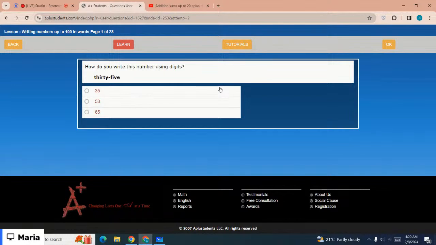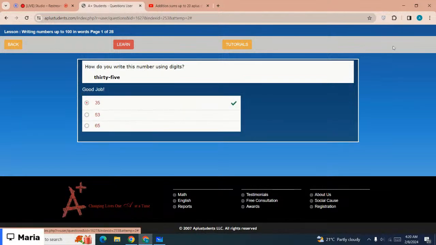How do you write this number using digits? 35, which is the correct option? Yes, that is the first one. 3 and 5 makes 35, right?